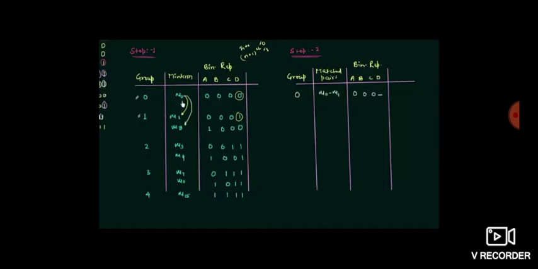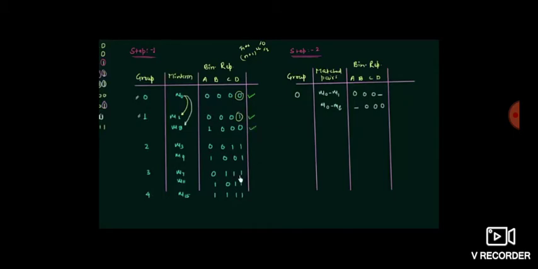Only one term is different, that gives dash 000. That is the group 0 position.